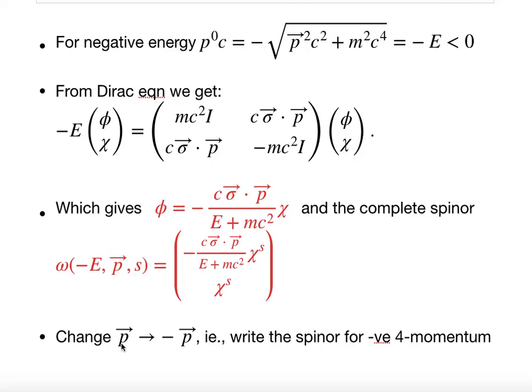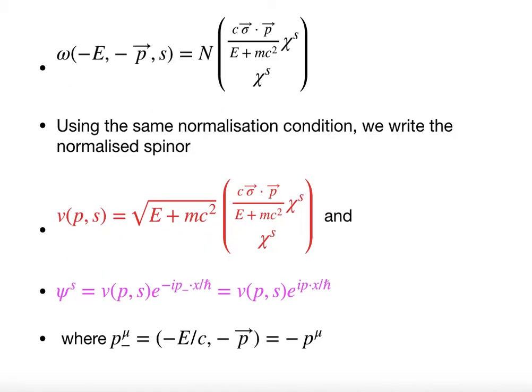So you make this P vector equal to minus P. Now if P goes to minus P and the energy is already negative, all the components of this momentum are now negative. So whatever 4-momentum I had initially, I am just going to the negative of that 4-momentum. So I write this omega with minus E and minus P, by just replacing this P, so this minus sign goes away.